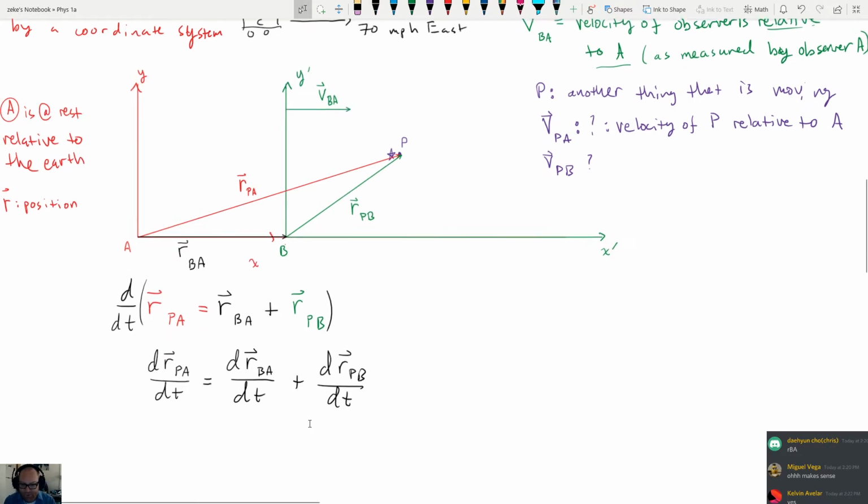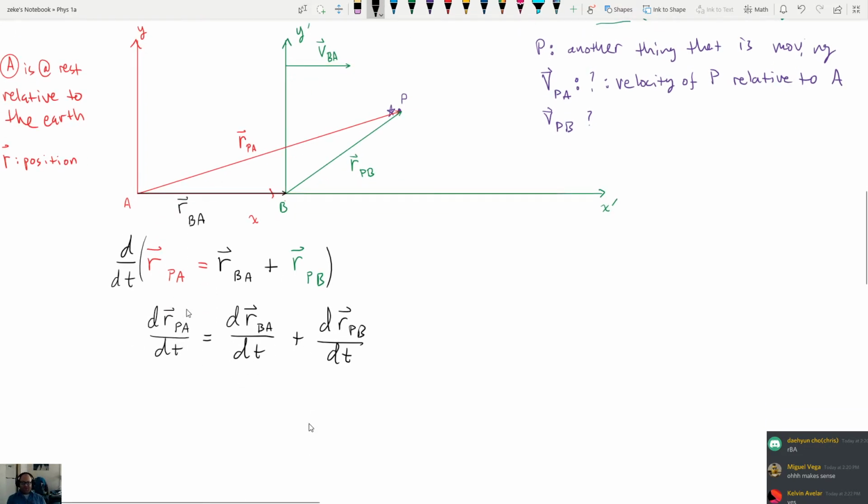And when we take the derivative of the position of an object with respect to time, what do we get? You get velocity, right? So we're going to call this the velocity of P relative to A is equal to the velocity of B relative to A plus the velocity of P relative to B.